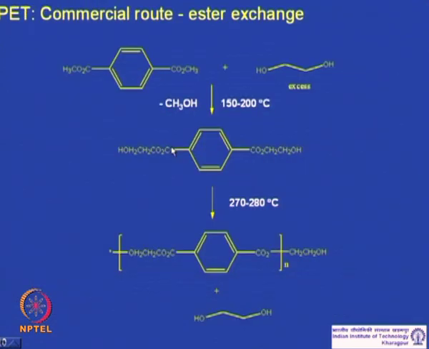What is the commercial way, the most practiced synthetic process of making polyethylene terephthalate in this case? It is by ester exchange. It can be done either starting from the dimethyl ester of terephthalic acid or from terephthalic acid itself. It is a two stage ester exchange process.